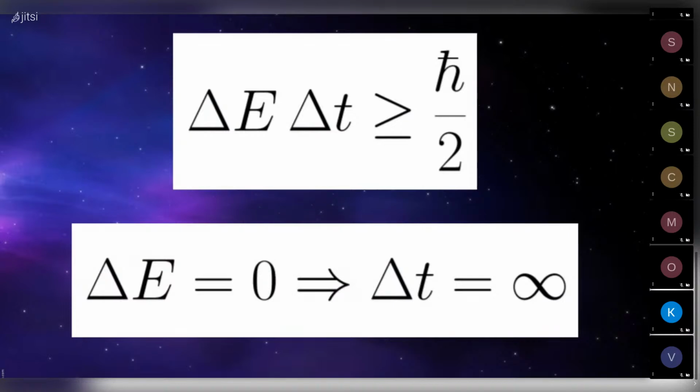It means the error in energy times the error in time interval should be greater than this non-zero quantity, h bar by tau. So if we say that 100% energy is not present in vacuum, then delta E is 0 because we are 100% sure that energy is not present. That implies that the error in time is infinity, which is actually meaningless. So there has to be some energy present in vacuum also.